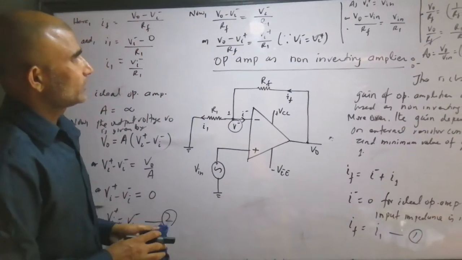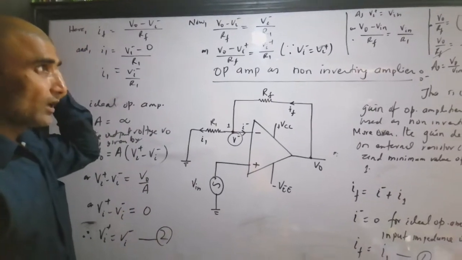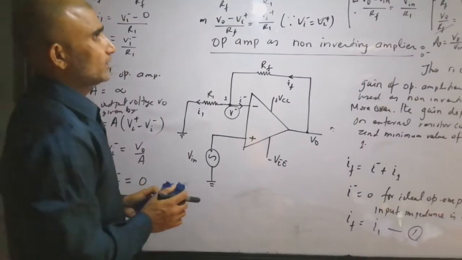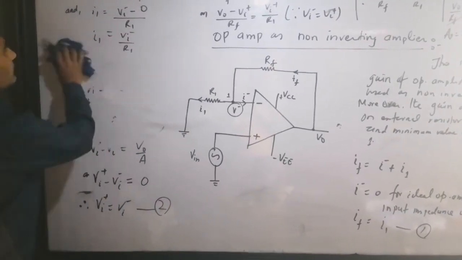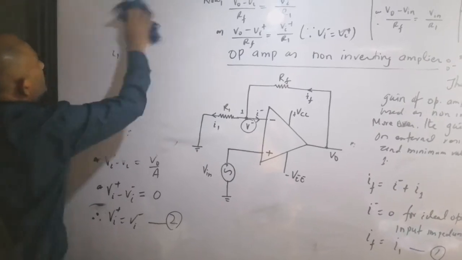Now next we are going to do the same type of derivation for the practical operational amplifier. Okay, and so I don't require this now. I'm going to drop this all.